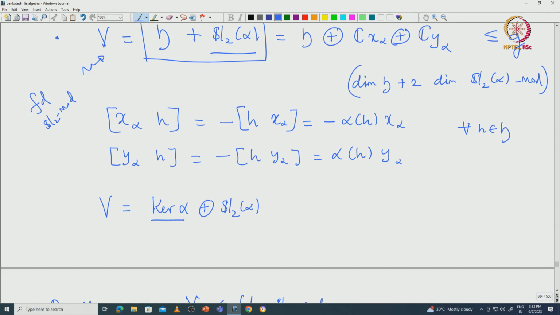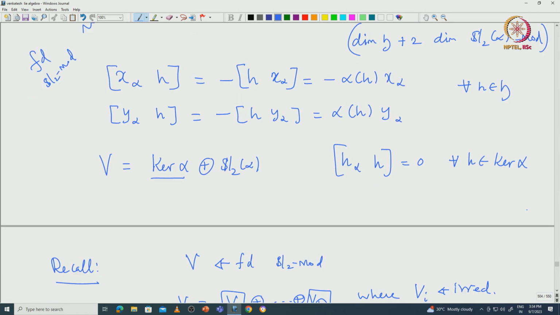Because if we take alpha and act it on H, this will be 0 for all H inside this kernel of alpha. And then if we take this SL2 of alpha, we have already seen that this is irreducible and corresponds exactly to V of 2. So, this is isomorphic to V of 2 because it is isomorphic to the adjoint SL2 representation.